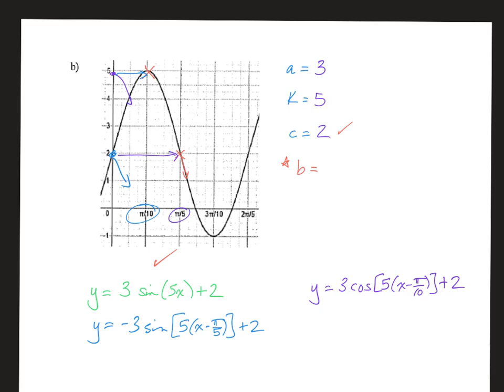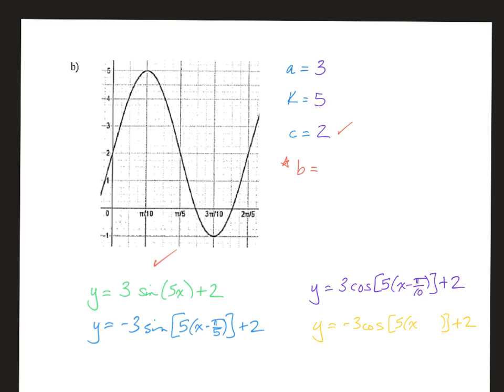Now, what if we ended up dealing with a negative cos graph? Well, I'm just going to clean up that graph again, get rid of some of that extra writing. Let's say I went to a negative cos curve. That doesn't affect the amplitude, but I'm going to need a phase shift. Well, what does a negative cos graph do?